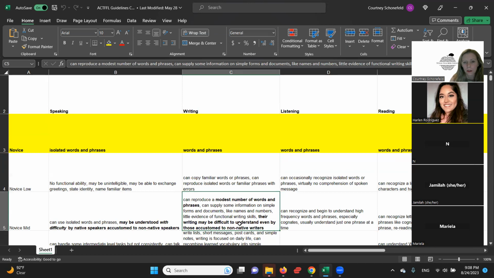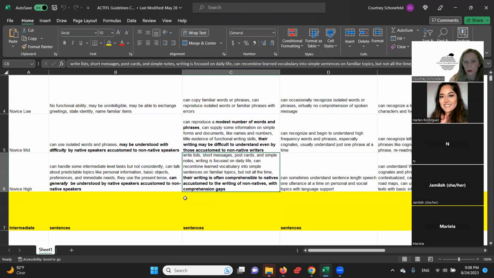When they get to novice mid, they can reproduce from their memory a modest number of words and phrases, and they can fill out some information on simple documents. Their writing would be difficult to be understood even by those used to non-native writers, just like the speaking was at novice mid, right? It would be difficult. It may be understood. When we get to novice high, they're getting better, of course.